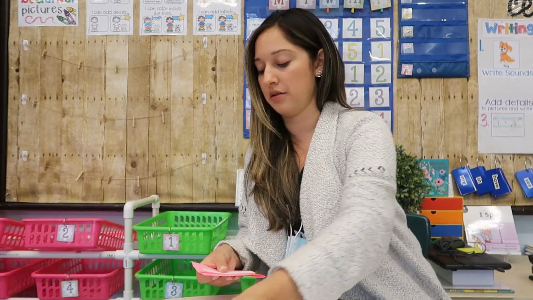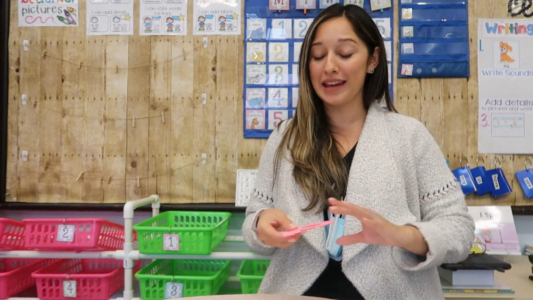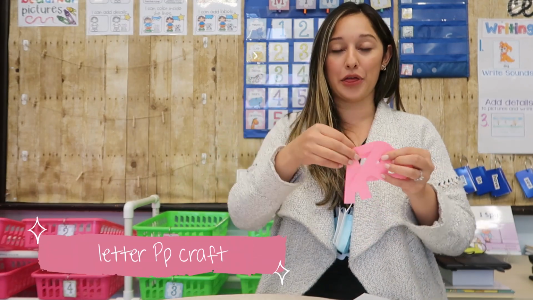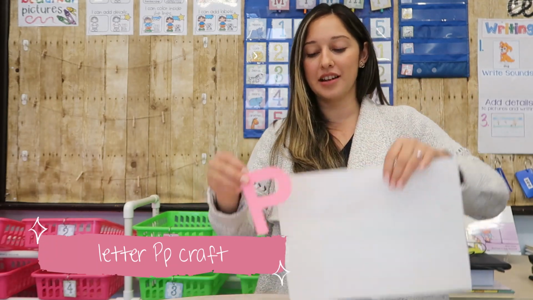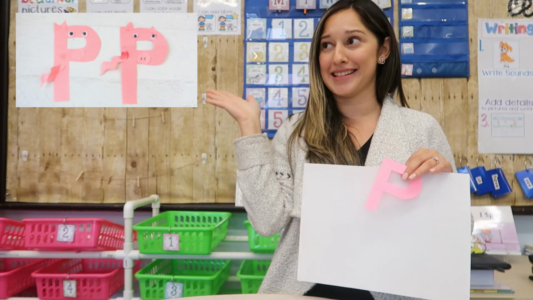We're also going to be learning about the letter P. So what I'm doing is I am sending home, and this is so extra and it doesn't need to be this way, but whatever, I'm going to send the kids home with a white sheet. We're going to read the 3 Little Pigs, and for the letter P, I cut out 3 peas. They're going to glue it on here, and we're going to turn these peas into pigs like this.